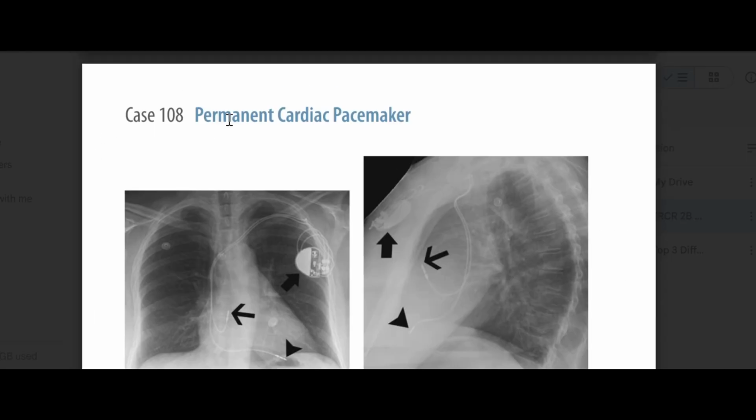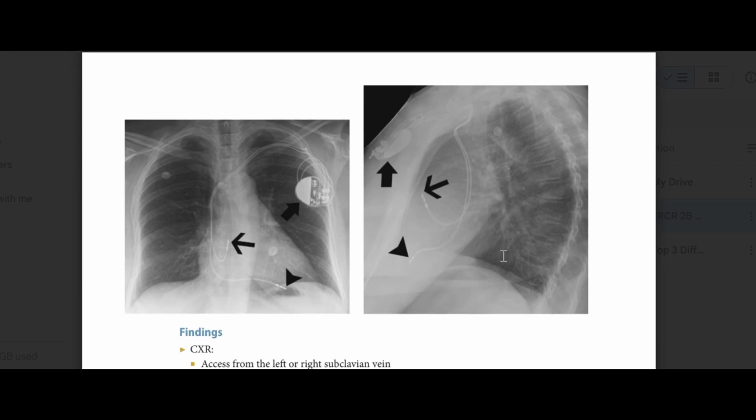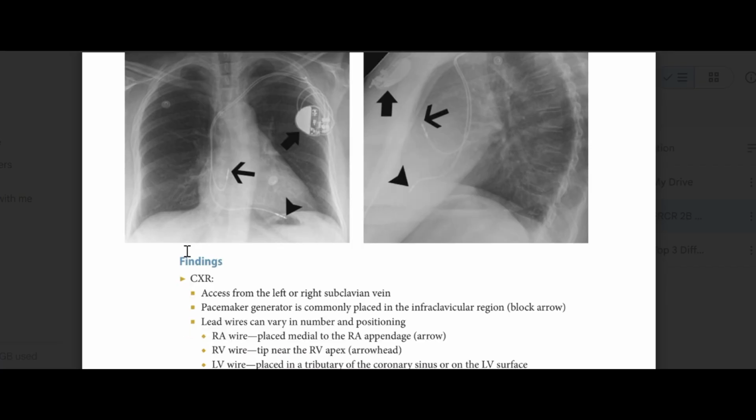This is an example of cardiac pacemaker. How will the cardiac pacemaker appear on the chest X-ray?